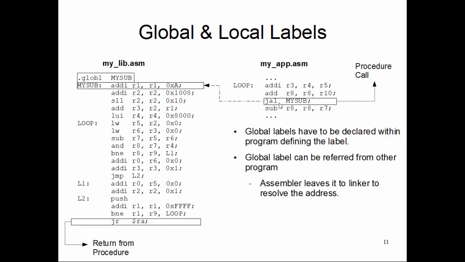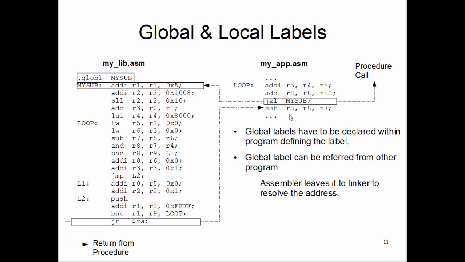We will learn that this combination of JL and JR implements what you call in a high level language a function or a procedure. JL is the function or procedure call, and JR is the mechanism to return from that function. So your control goes back to the next statement from where my sub was called. This is how the procedure calling mechanism works at the assembly level.